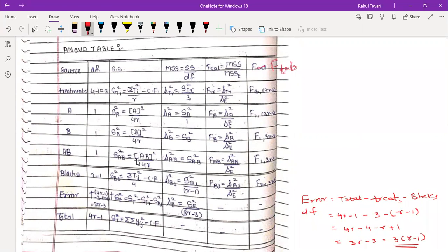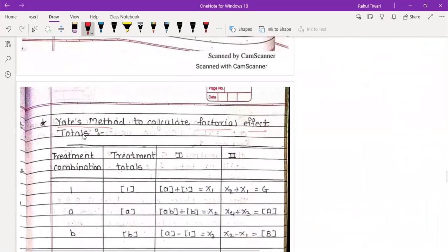Let's see how to do that. We always use Yates method. What does Yates method say? Yates method is used to calculate the factorial effects total.